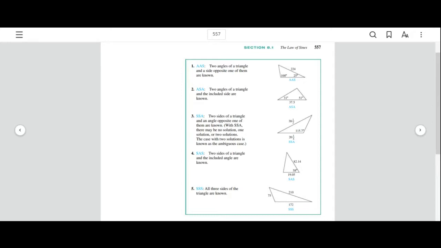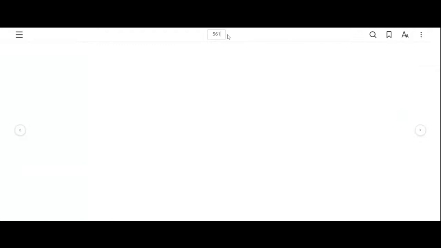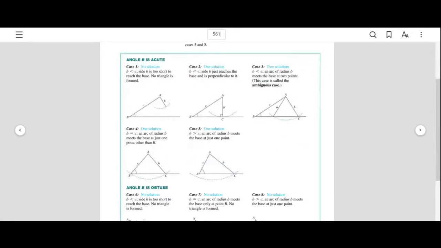Now I'm going to jump to a different page in the text where they talk about those multiple solutions. This is on page 561, where they talk about these options. If angle B is acute, meaning angle B is the one they gave us, we may have no solution, such that side B is too short and never reaches the horizontal. So there is no answer where that's going to work.